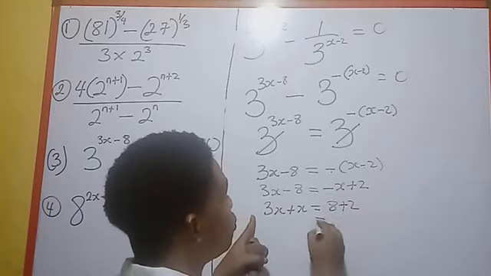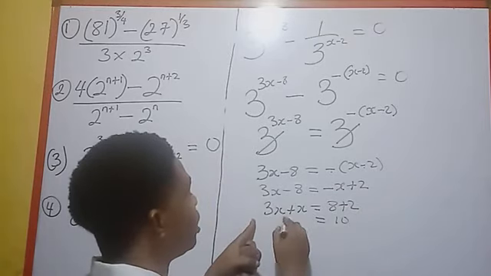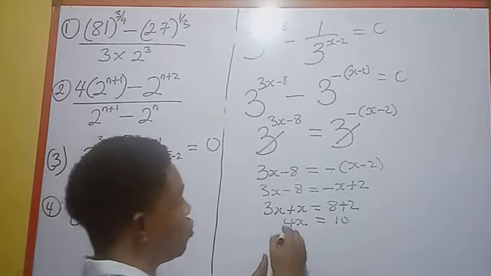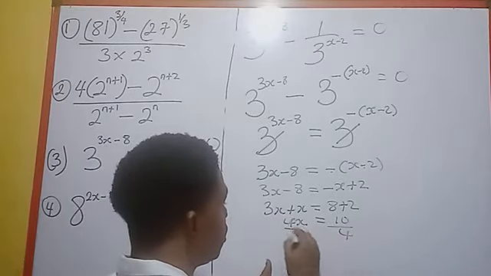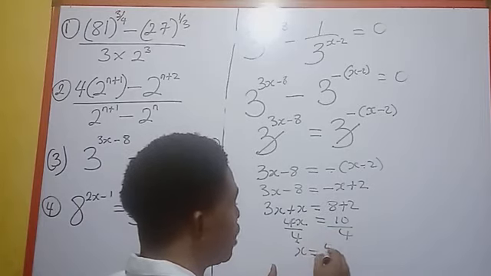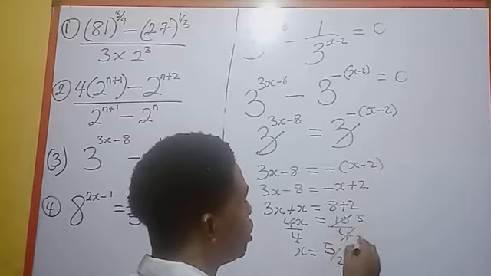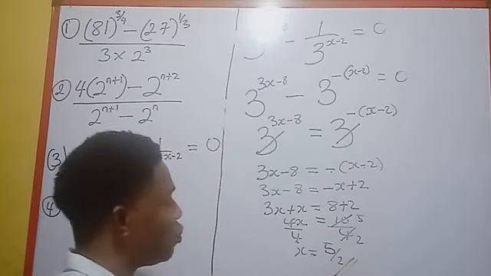And 8 plus 2 is 10, and 3x plus x is 4x. So you divide by the coefficient of x, which is 4. So 4 divided by 4, and x equals 10 over 4, which is 5 over 2. So our answer is 5 over 2.